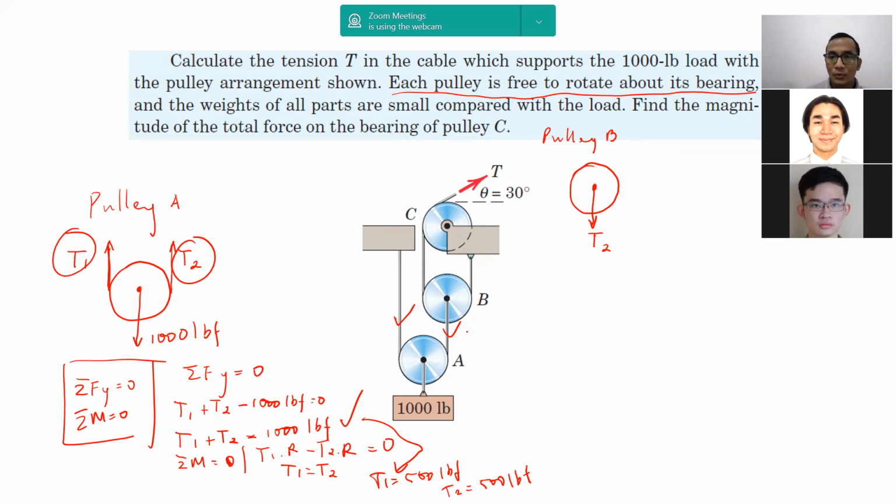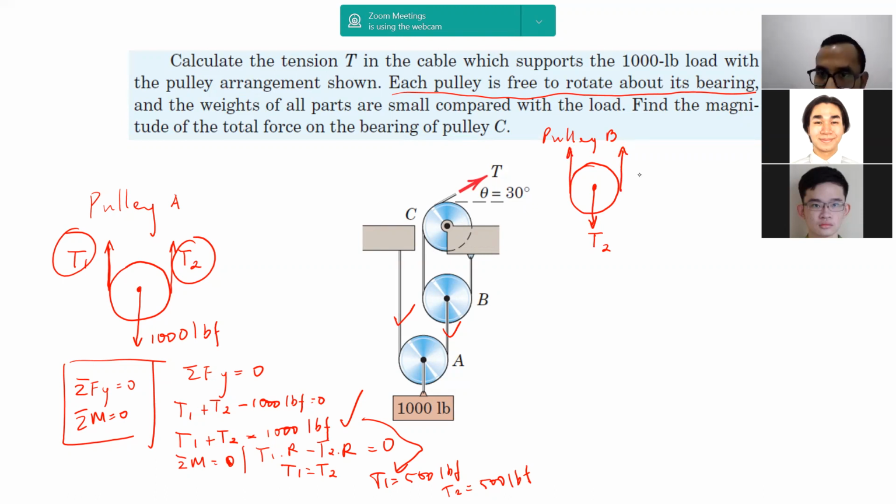Now what else do we have, Mario? Two tensions. Which way are both going? Up. Correct. So we will have it here and here.